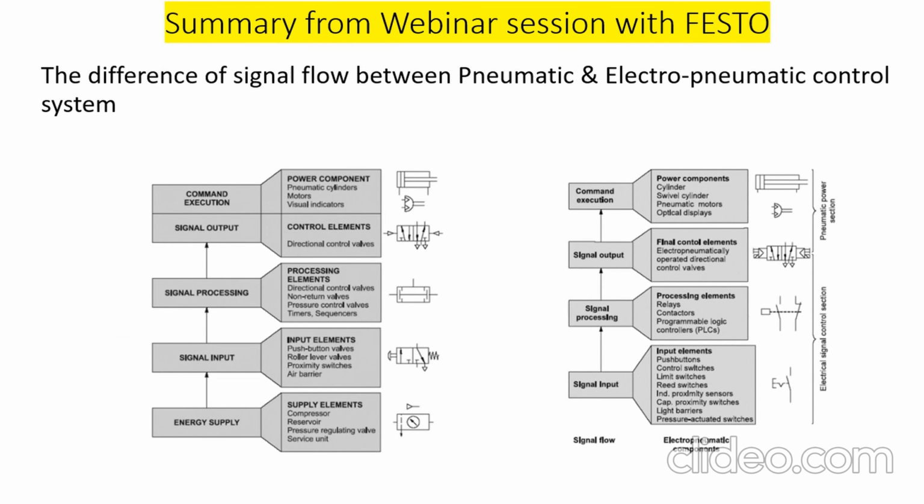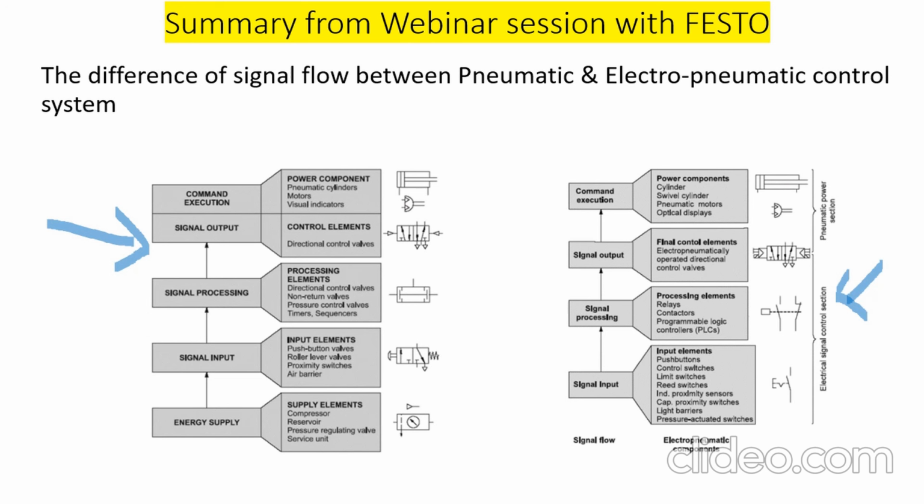Then the difference of signal flow between pneumatic and electro-pneumatic control systems. So this one is the pneumatic signal flow, and this one is the electro-pneumatic control system.